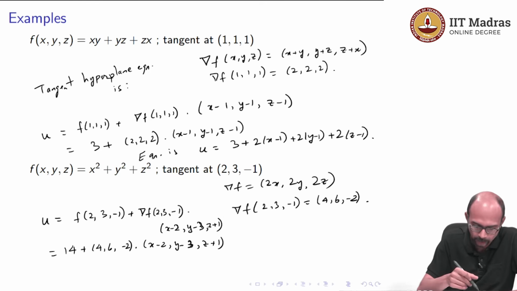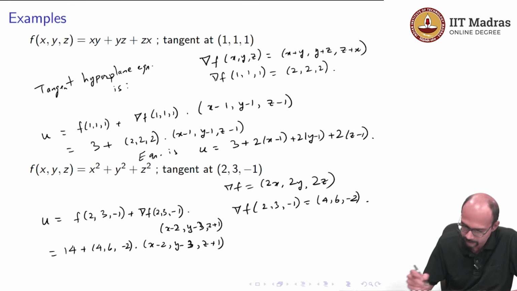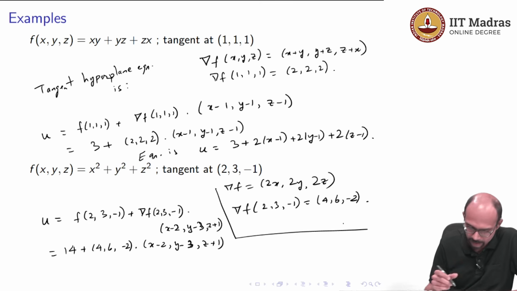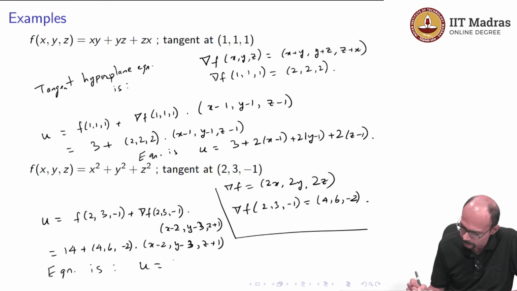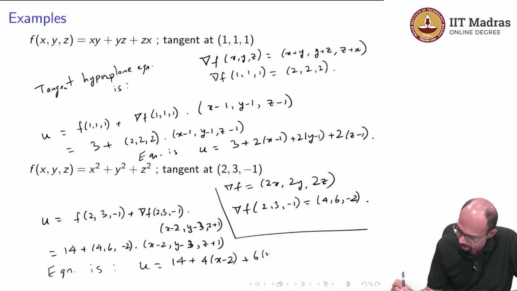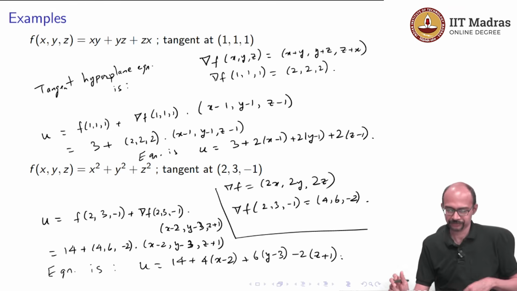And if we evaluate that, we will get the equation: u is equal to 14 plus 4 times (x minus 2) plus 6 times (y minus 3) plus minus 2 times (z plus 1).